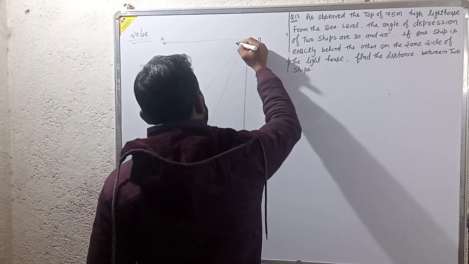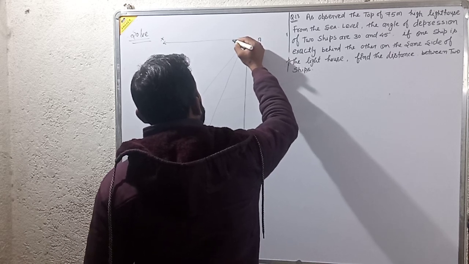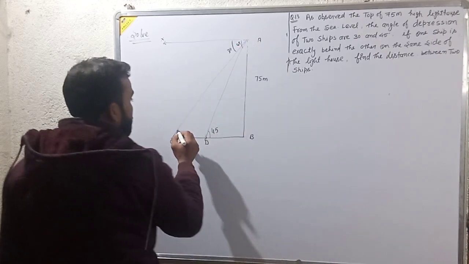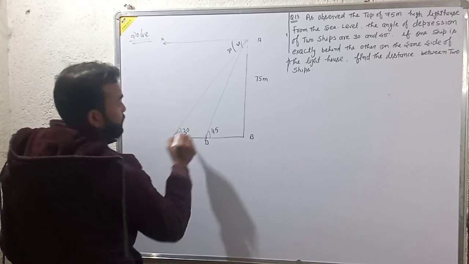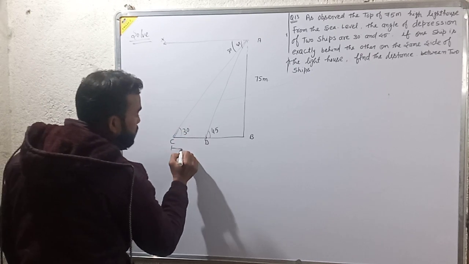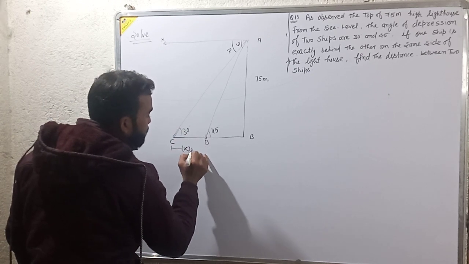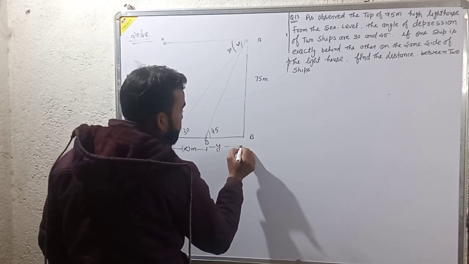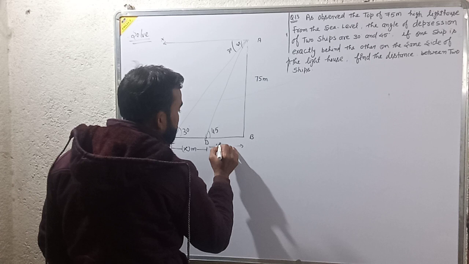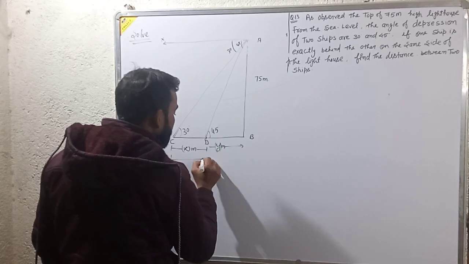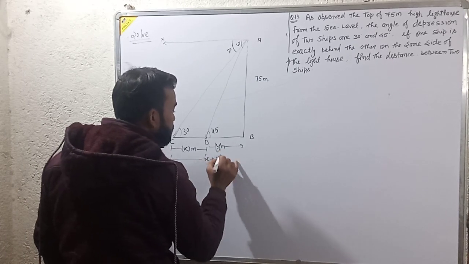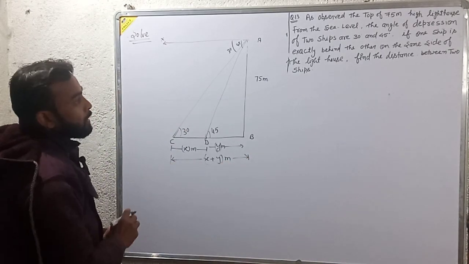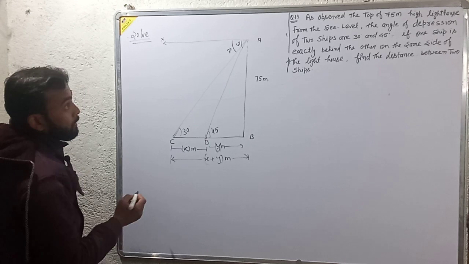This is 45 degrees and this is 30 degrees. Let this be x meters and this be y meters. The total will be x plus y meters. Clear?